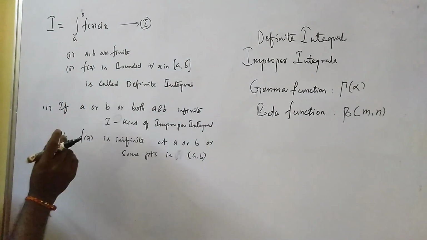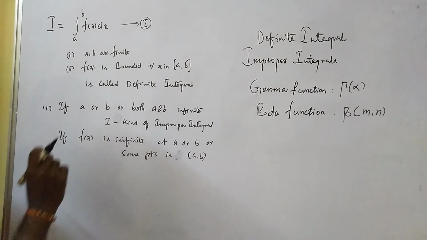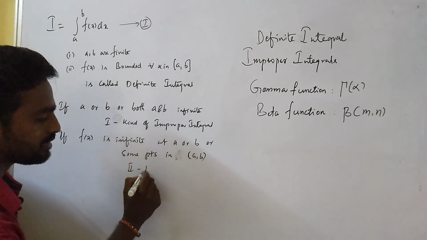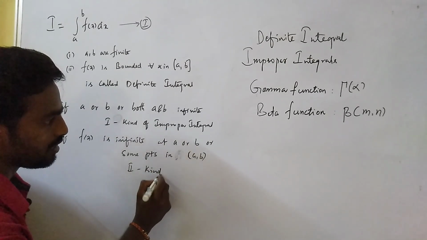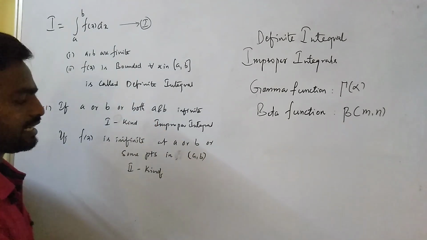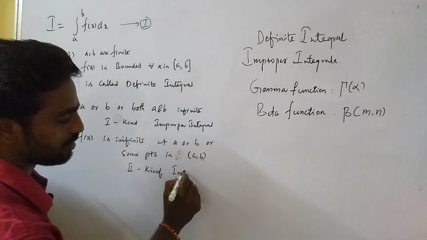So in this case, the given integrand I is called the improper integral of the second kind. So the first one is the first kind, and the second one is the second kind improper integral.